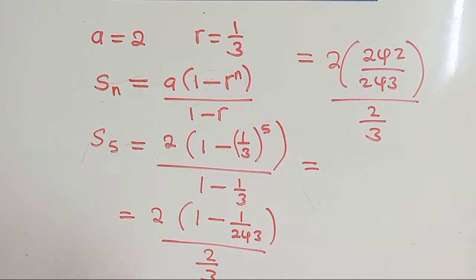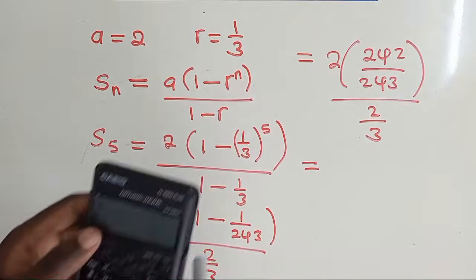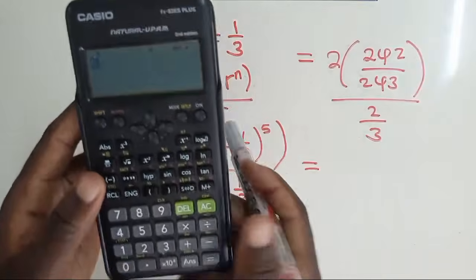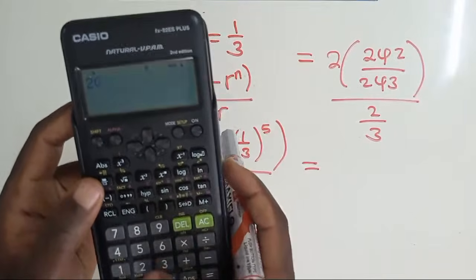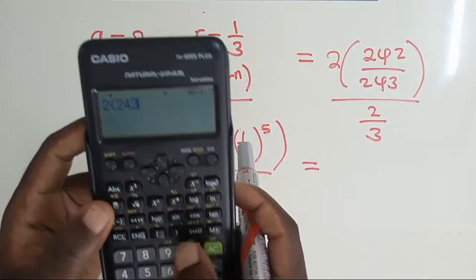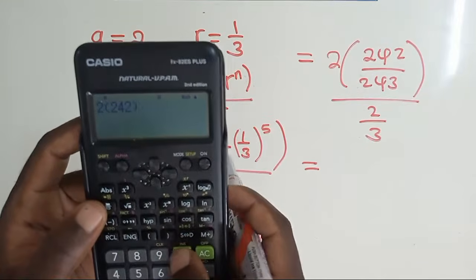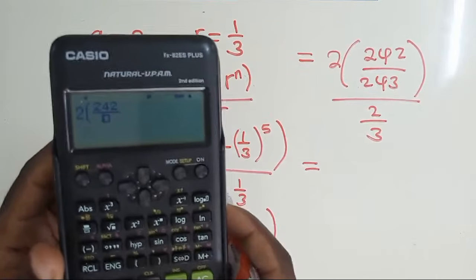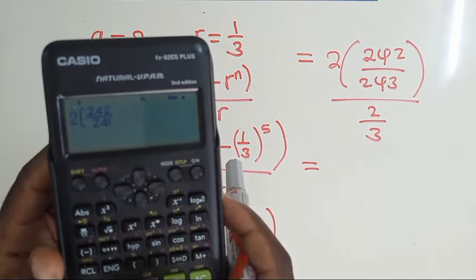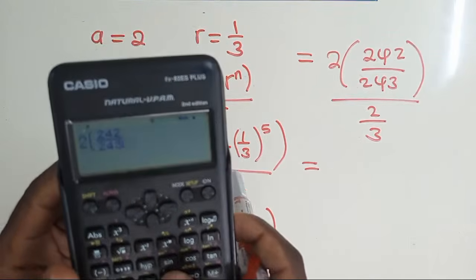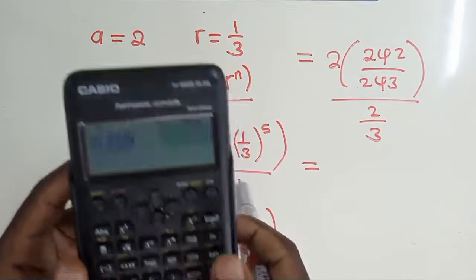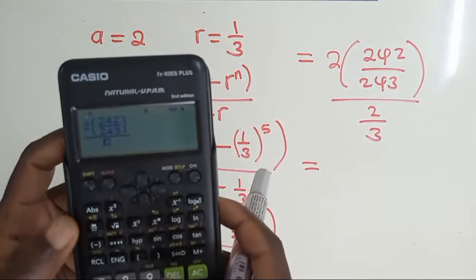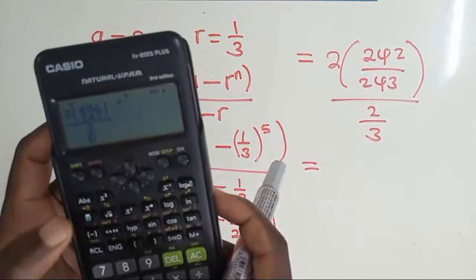Which is equal to, when we punch these figures nicely on our calculator. I don't know the kind of calculator you are using, but my calculator can enter the way it looks. I can enter it the way it looks, then say everything over 2/3.